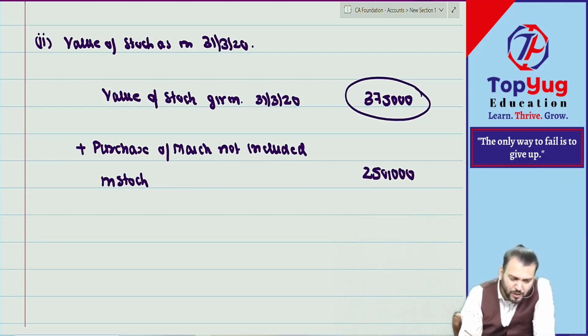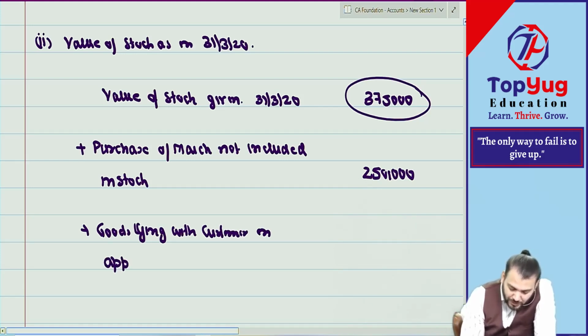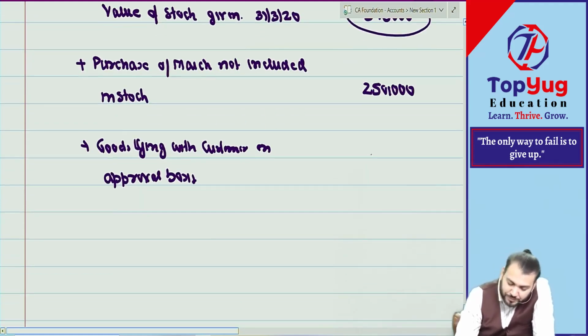Then 75,000 is goods lying with customer on approval basis. But will this come at cost price or sale price? Cost price. So therefore this becomes the value of stock.